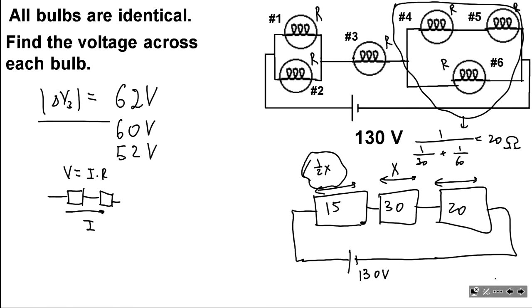What should I write for the voltage across 20 ohms? How do I get from 30 to 20? What mathematical operations should I make?